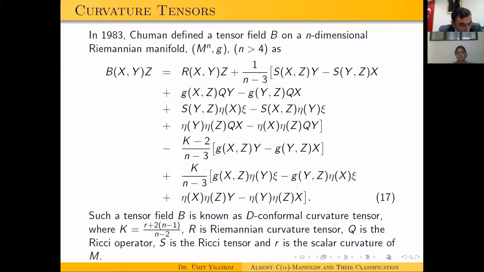Such a tensor field B is known as the conformal curvature tensor, where the constants are as given. R is the Riemann curvature tensor, Q is the Ricci operator, S is the Ricci tensor, and r is the scalar curvature of M.